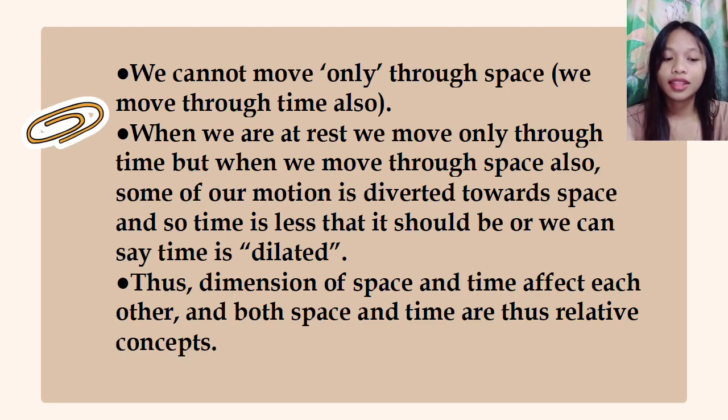When we are at rest, we move only through time, but when we move through space also, some of our motion is diverted towards space, and so time is less than it should be, or we can say time is dilated. Those dimensions of space and time affect each other, and both space and time are relative concepts.